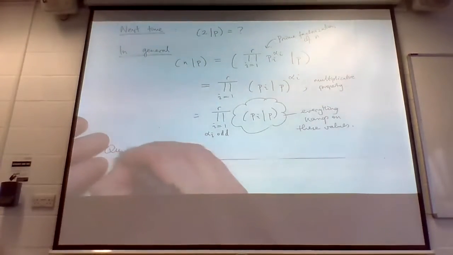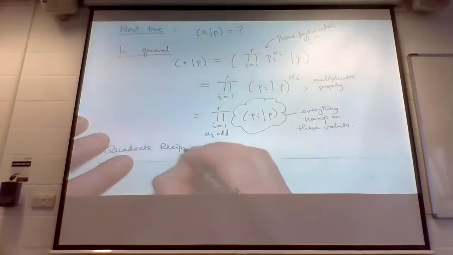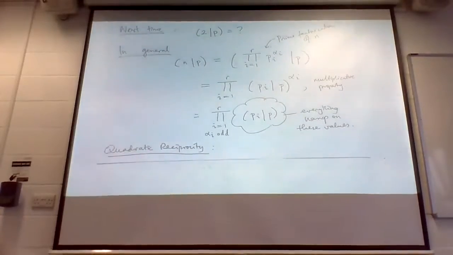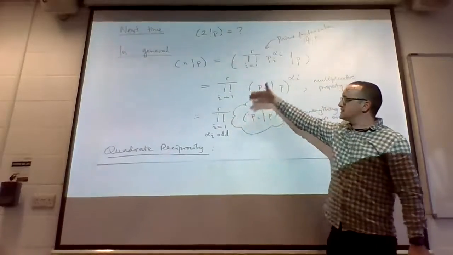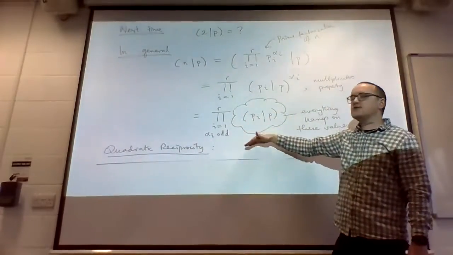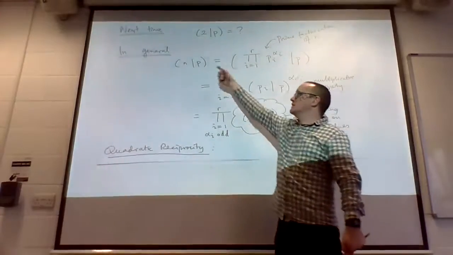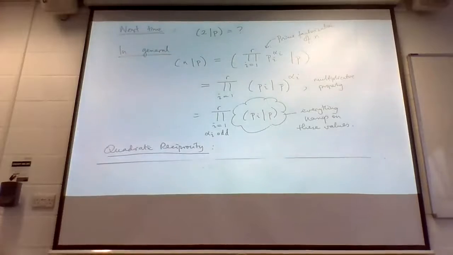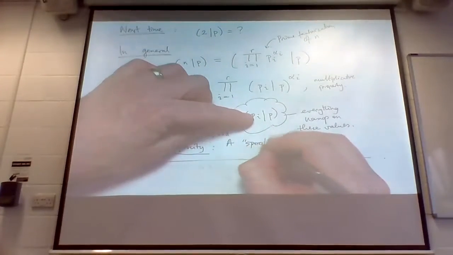What we're building up to at the end of the chapter is something that will unlock this, and give us a way to exploit these first few steps, and within a short few more steps get an actual answer, +1 or -1, to this general question. This is quadratic reciprocity, and it's a kind of spooky connection.